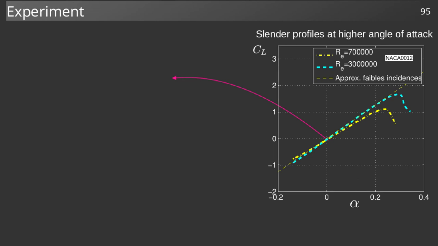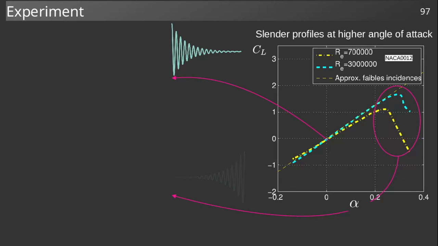If the system is moved from its equilibrium position and then released, we have an oscillation of decreasing amplitude. On the other hand, for larger angle of attack, stall occurs, and the negative damping leads to oscillation of increasing amplitude. Even if the system has an equilibrium position, it is unstable and the slight disturbance is amplified in time.